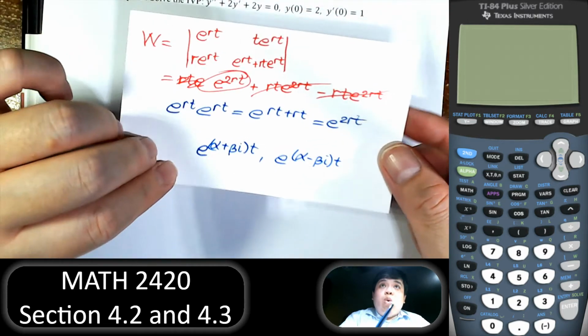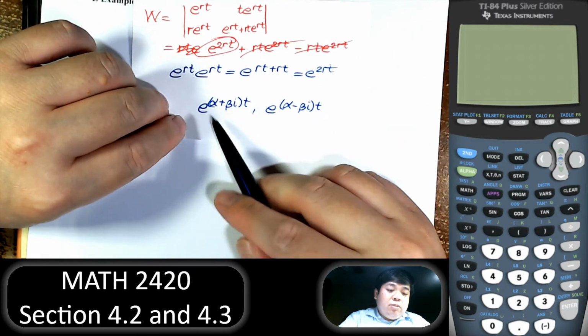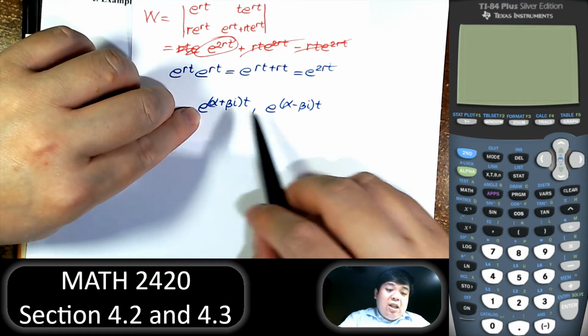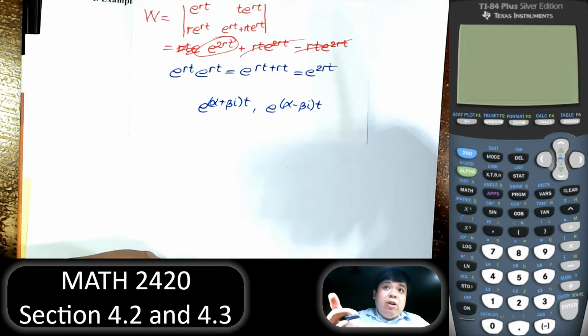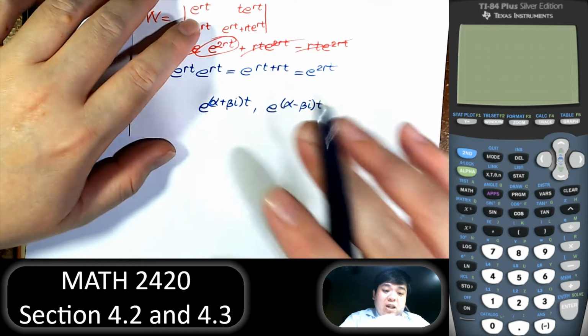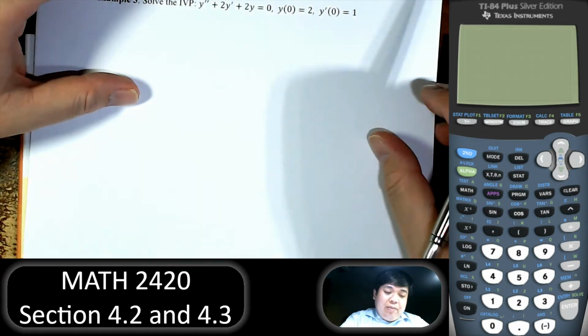That takes too much work, so I'm not going to do that in class, but it can be shown that these two solutions can equivalently be written in terms of the cosine and sine that we have there.